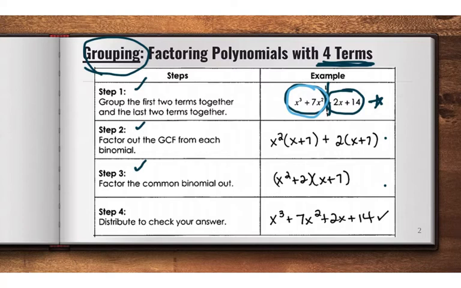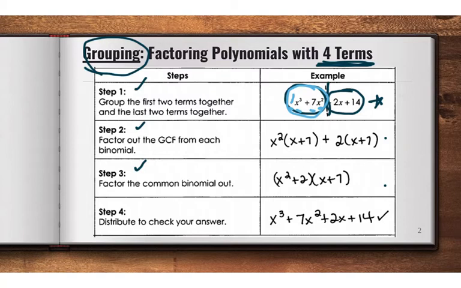Now, the numbers, I have 7, and I have that invisible 1 here. If 1 is your only common factor, then we don't consider that really to have a greatest common factor. So I look at the variables, and I have 3 x's to give here, and I have only 2 x's to give in my second term. So only 2 of those x's would be considered the greatest common factor.